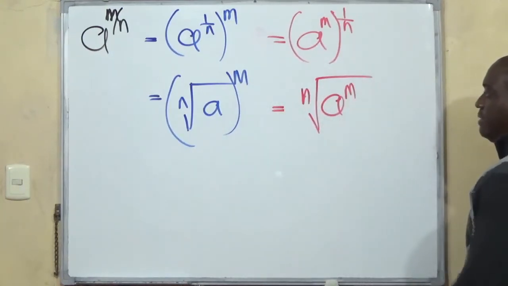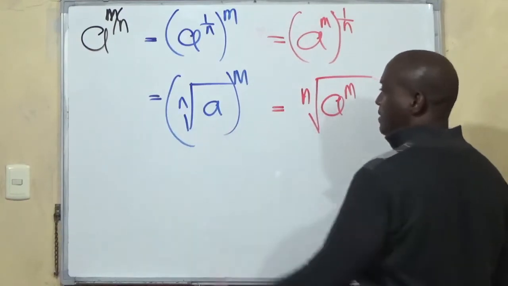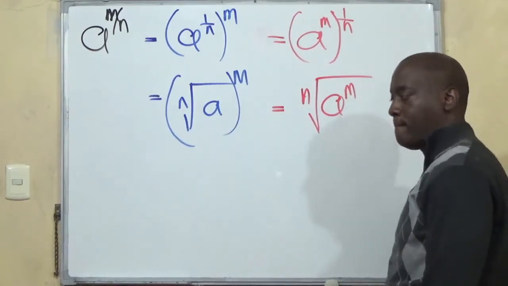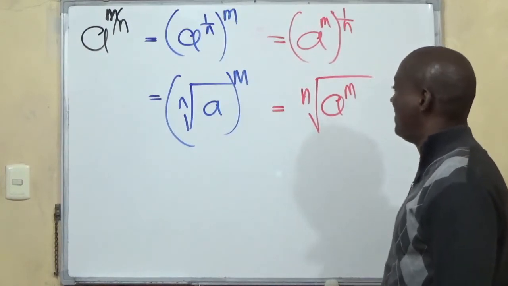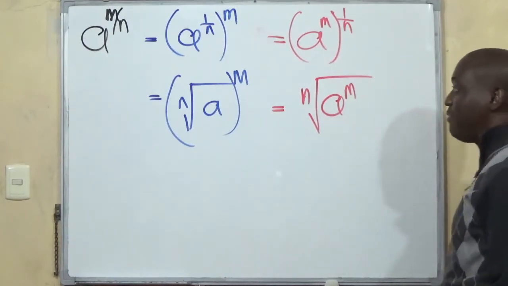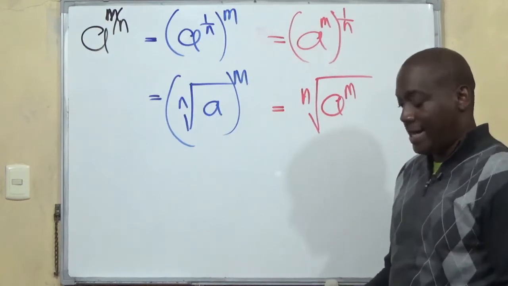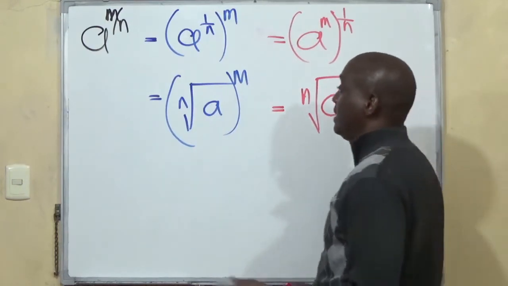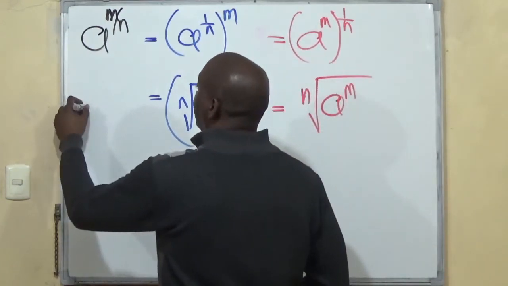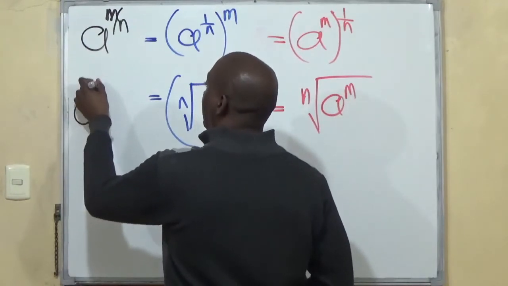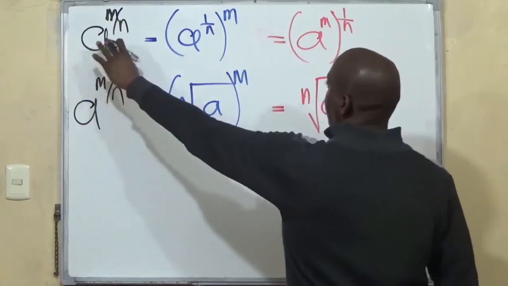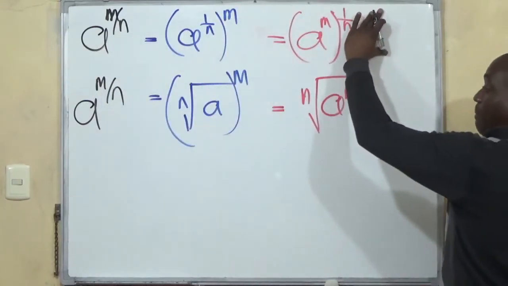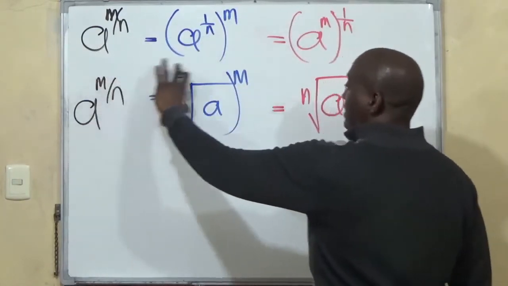This is the same thing as this. So therefore, at the end of the day, your second line will read that a to the power of m over n, you have it in the fractional index form, or you have it in the square root form.